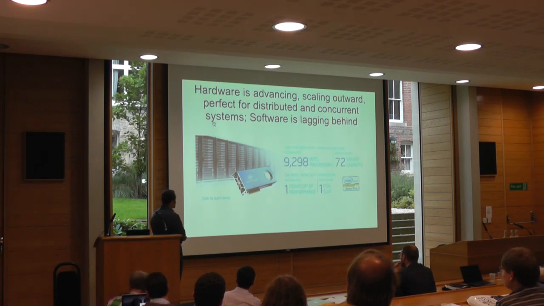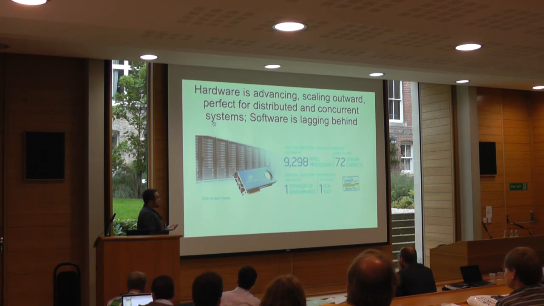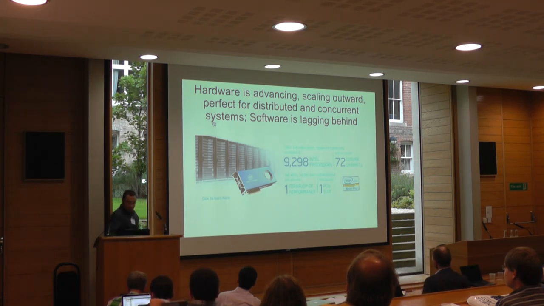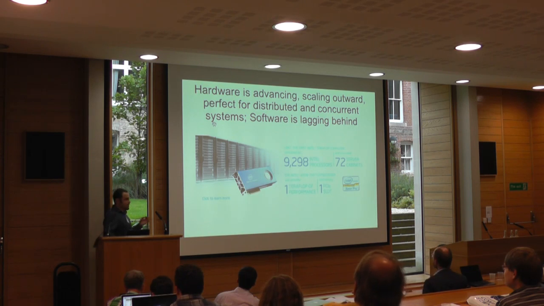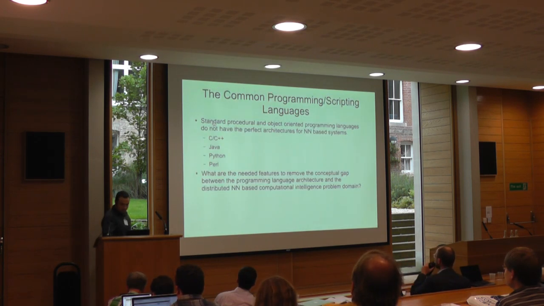In fact, one of the recent hardware developments is from Intel, which is releasing a coprocessor of x86-based cores, with 50 plus cores in each coprocessor. So we're at a time when we can really utilize this kind of system.